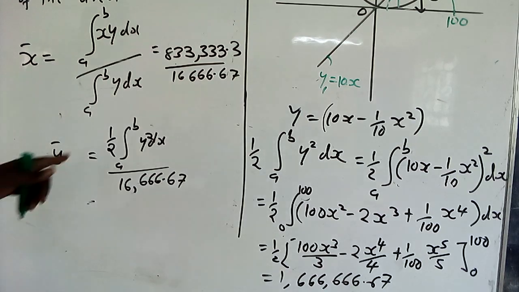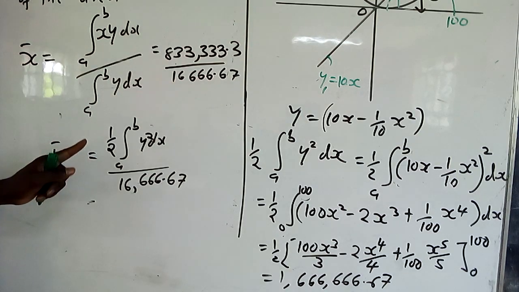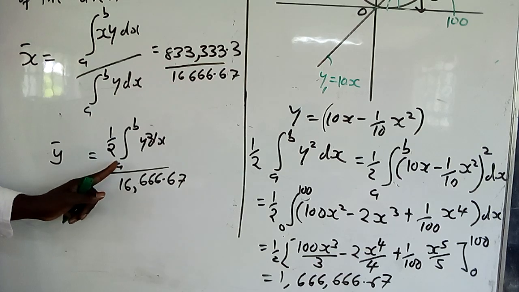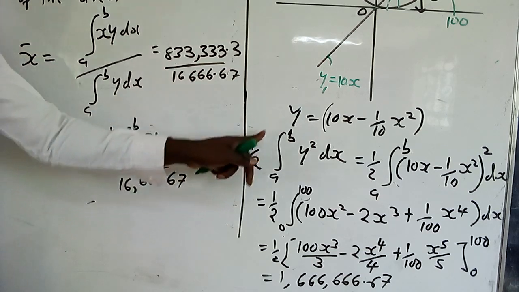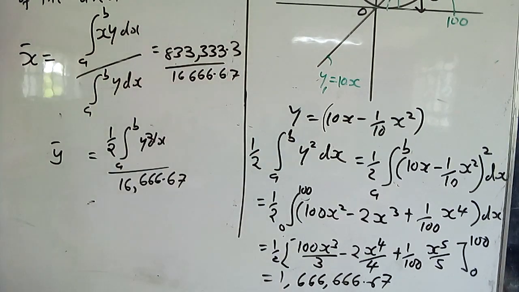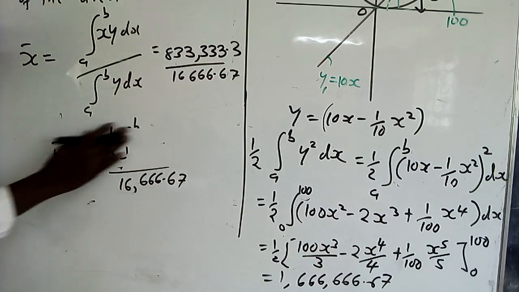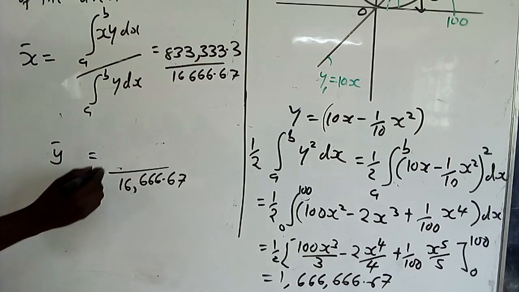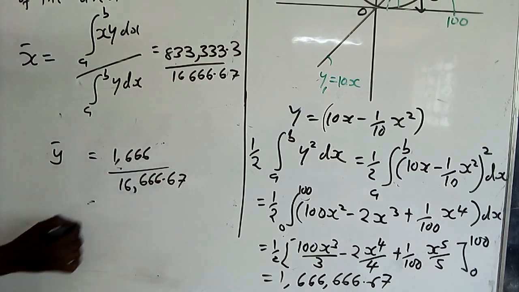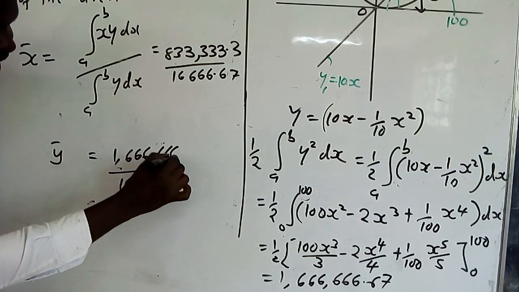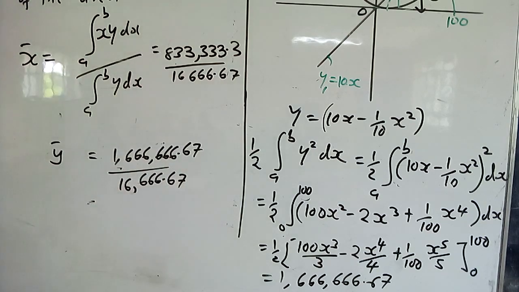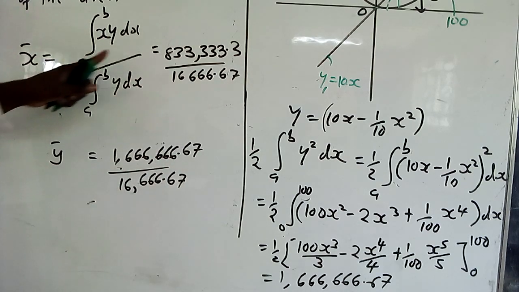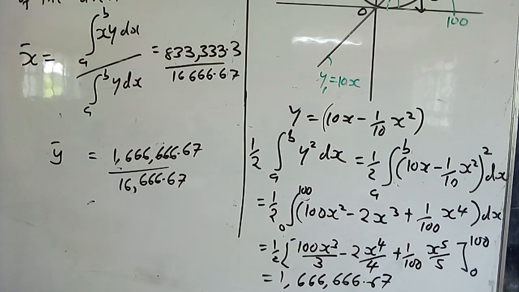So it means this integral, a half integral from a to b of y squared dx, the whole of this integral we found it to be the whole of this numerator, isn't it? So the whole of this numerator we found to be 1,666,666.67.